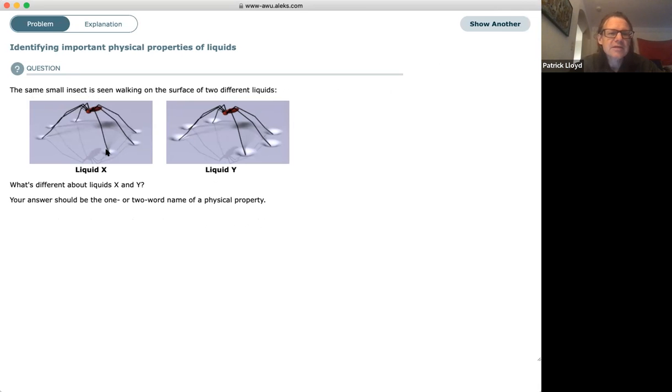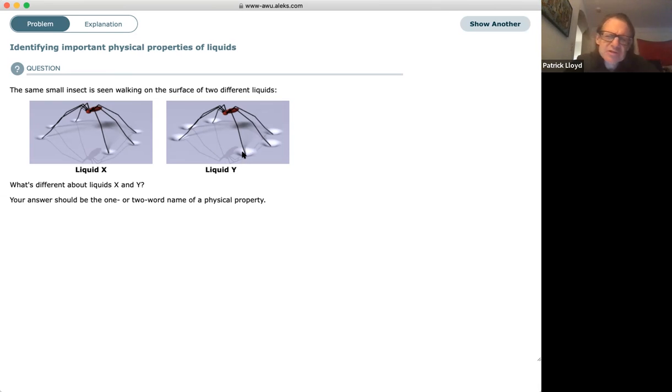See how the insect here, it looks like a spider, but it's got 6 legs. This one over here, see the indentations on the surface of that liquid? Now look at the indentations over here. Those indentations are larger, right? So that same insect is pushing down the liquid more here. So that's not an issue of evaporating. It's not evaporating.